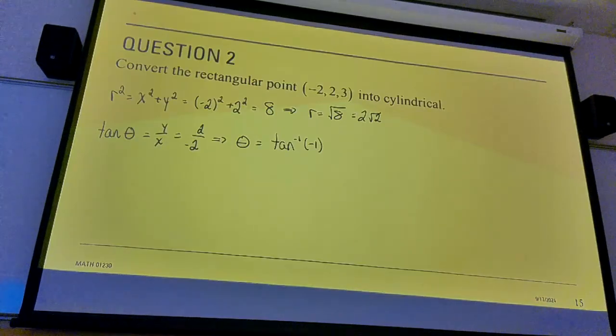Inverse tangent gives you from negative pi over 2 to 0. So how do you get from negative pi over 4 to 3 pi over 4? Add pi.